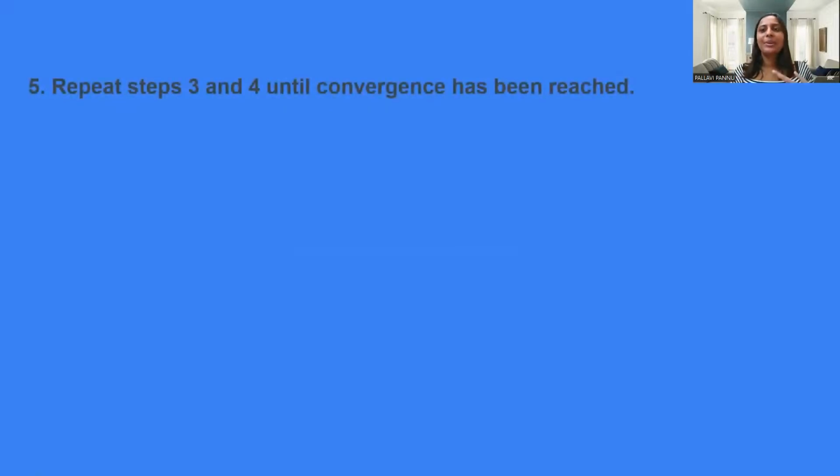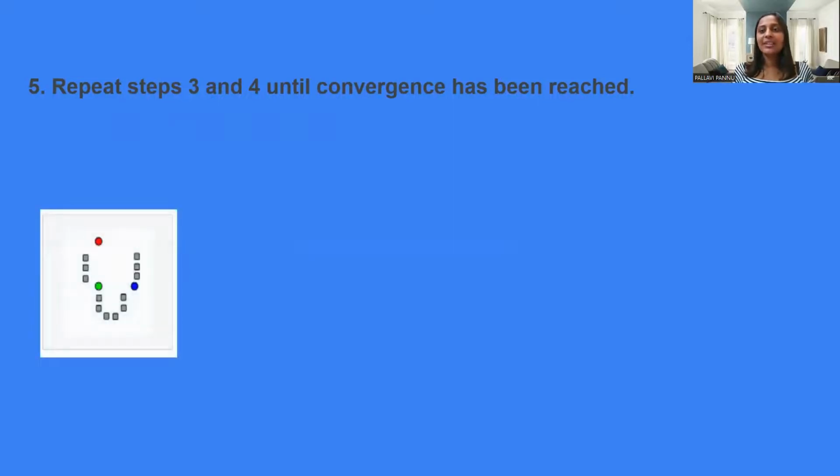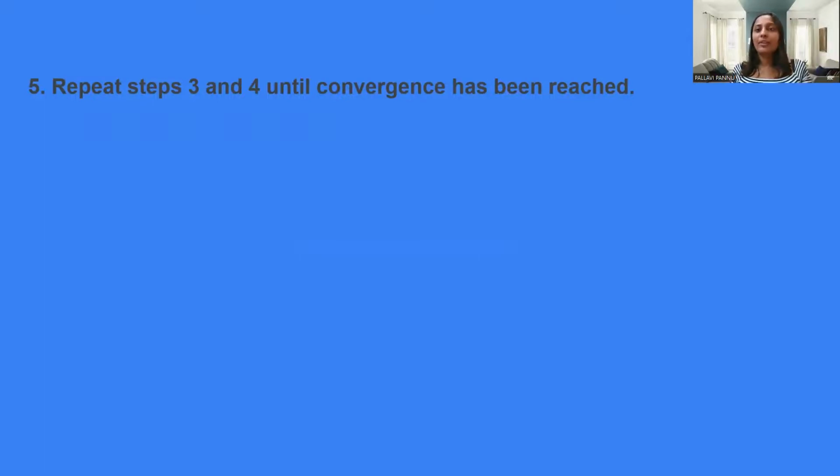Next, you have to repeat steps 3 and 4 that I explained until convergence has been reached. Now I'm going to show you a complete recap of the entire k-means algorithm. Remember this as the graphical way. I have taken this image from Wikipedia.